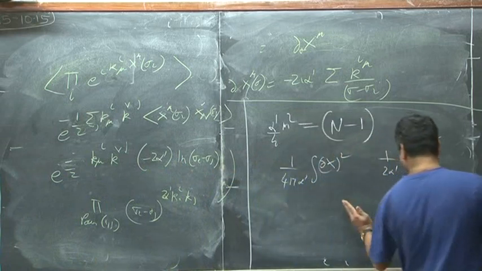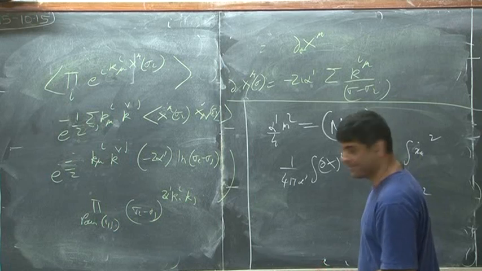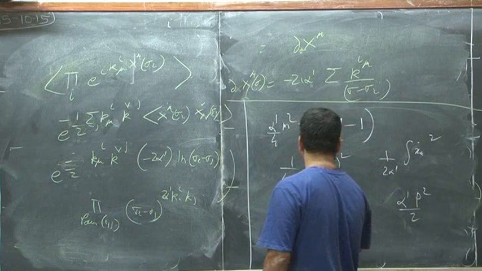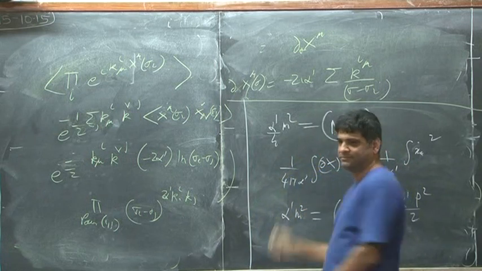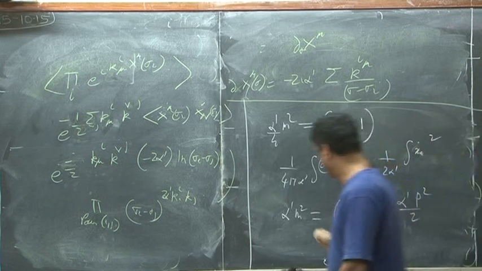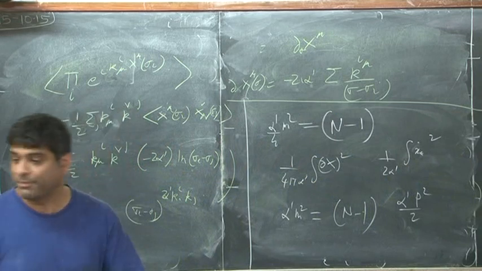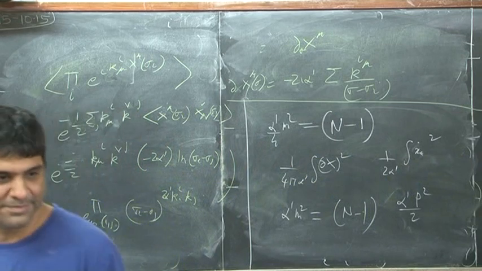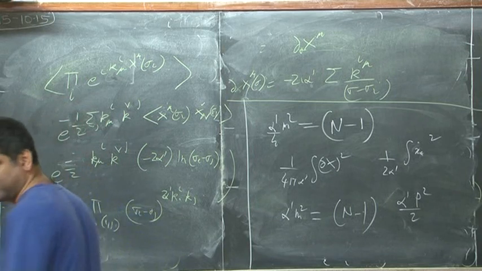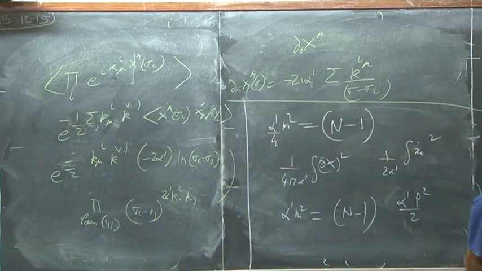So we don't break this up into some left moving, right moving sector. So there's another extra factor of 2. So the mass shell condition is alpha prime m squared is equal to n minus 1 for the open strings. So the tachyon has mass squared 1 over alpha prime for open strings, and 4 over alpha prime for closed strings. So there's a mass squared difference of a factor of 4 between the open string tachyon and the closed string tachyon. Okay. Your mass is, what is it?